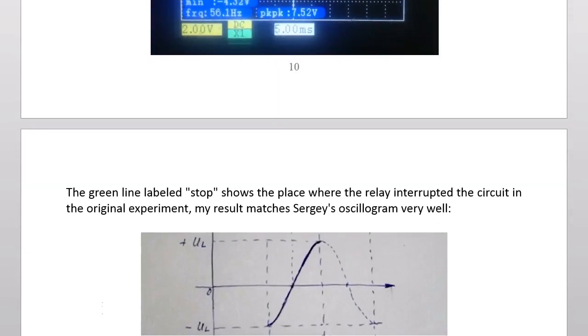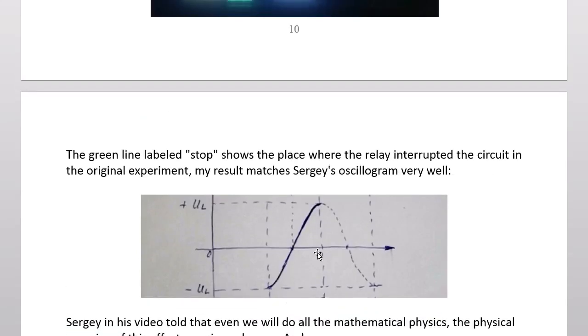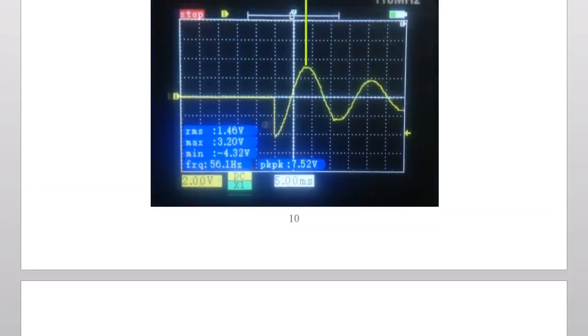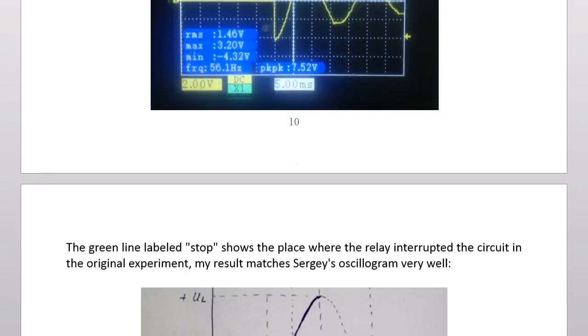The green line labeled stop shows the place where the relay interrupted the circuit in the original experiment. My result matched Sergey's oscillogram very well. This is the oscillogram from the original, and this is my oscillogram. It's the same.